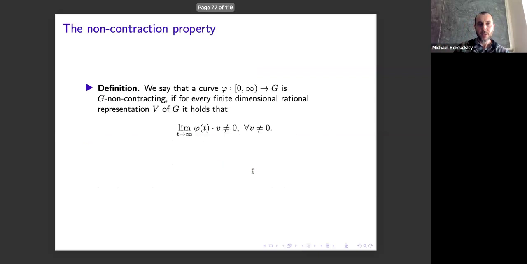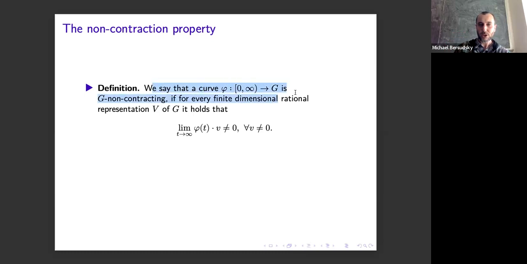Okay. So now we would also like to avoid that counterexample. Those two natural counterexamples will be the only bad examples in our theorem. To avoid the previous counterexample, we want to avoid this contraction in a finite dimensional rational representation.